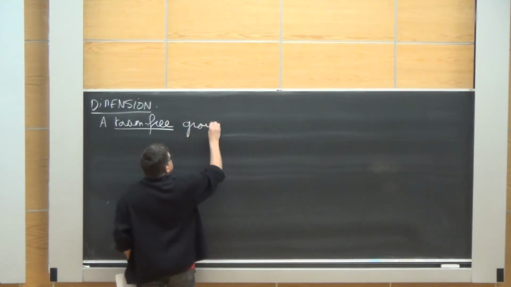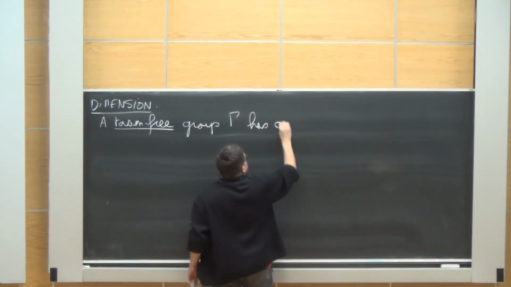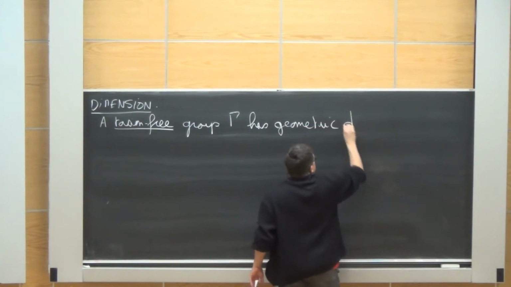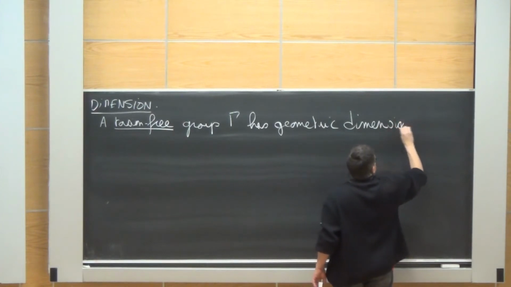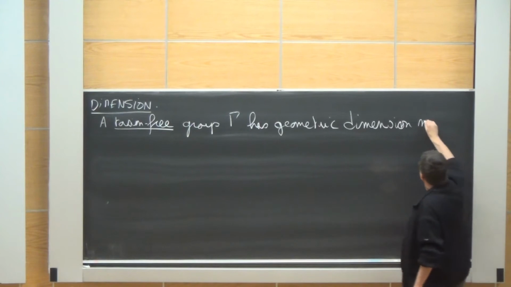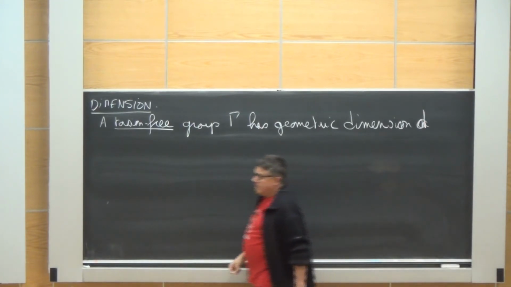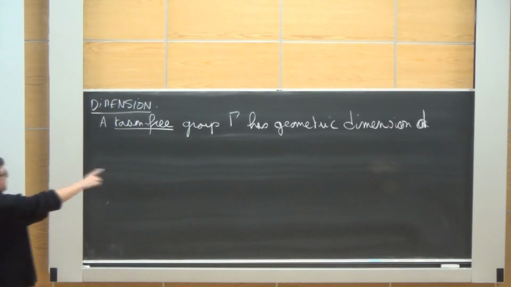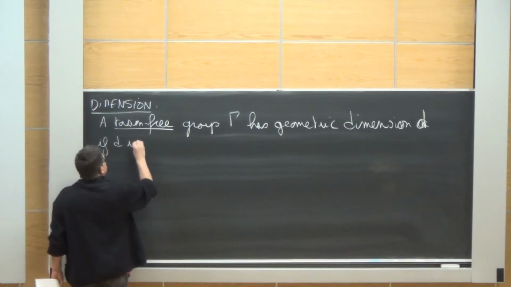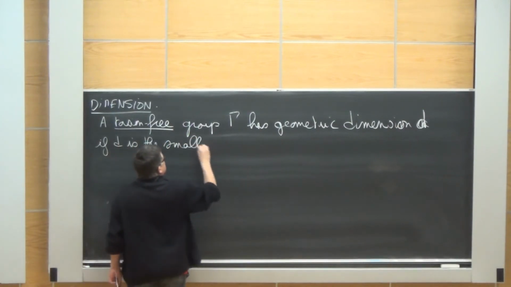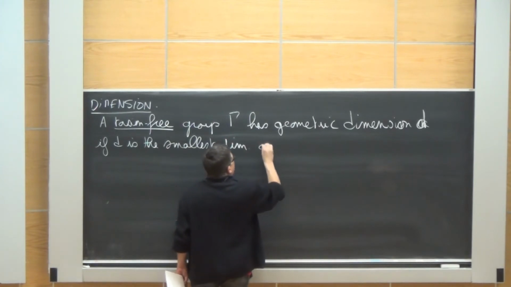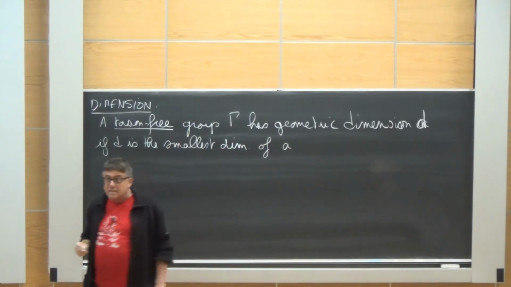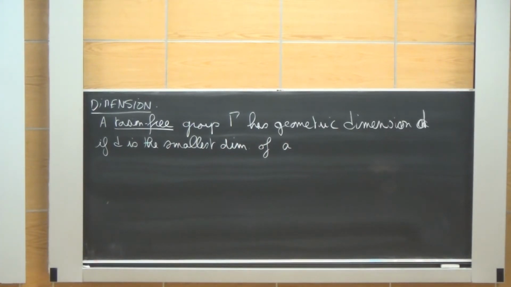A torsion-free group gamma has geometric dimension d if d is the smallest dimension of a simplicial complex, and I want the simplicial complex to be contractible.